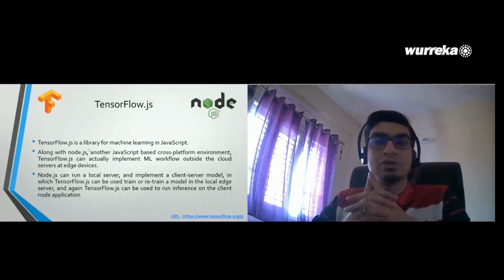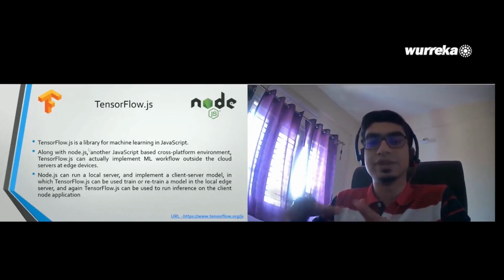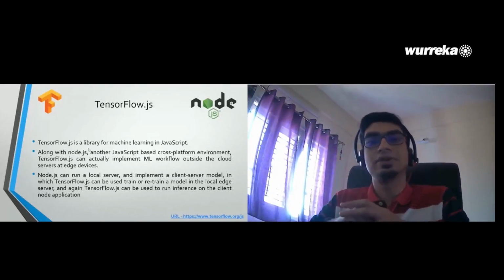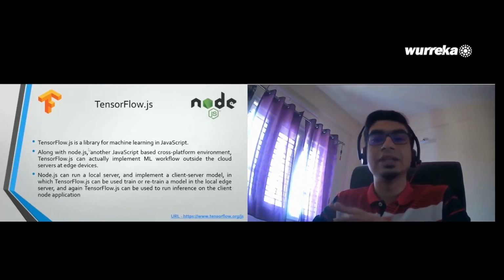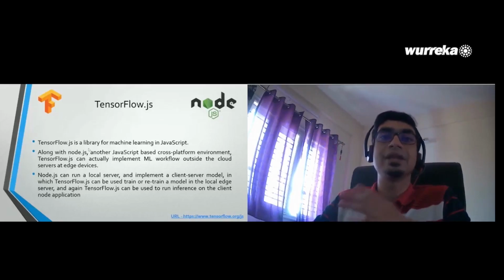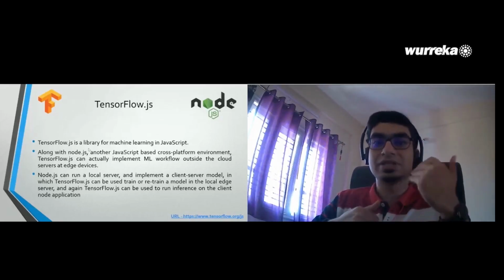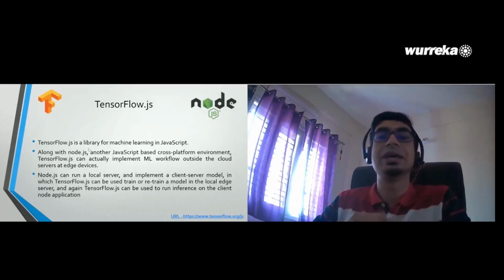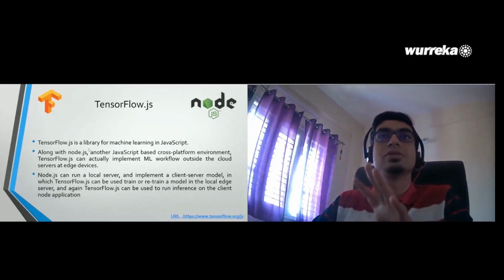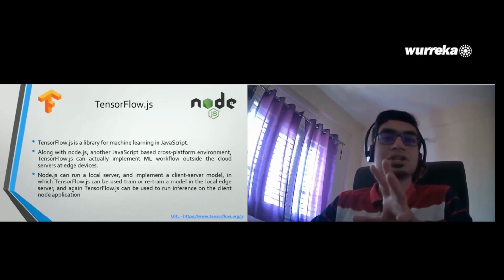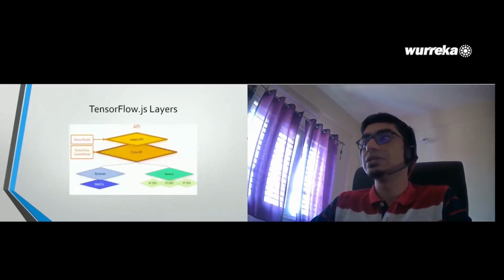Initially we talked about that anomaly detection workflow in manufacturing plants, right? That is one of the good examples where online training and inferencing workflow is much better than offline training workflow, specifically where the data is dynamically changing. Okay, so both these workflows can be done using the combination of TensorFlow.js and Node.js.